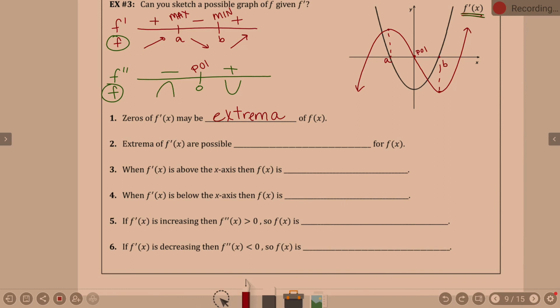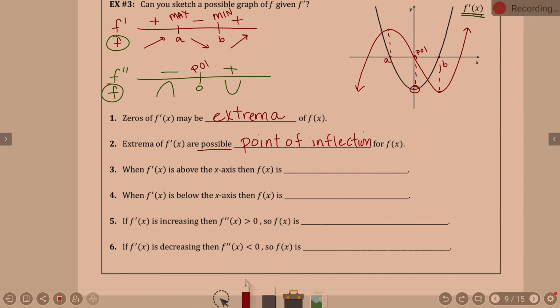So what was my extrema of the original derivative graph? It turned out to be a point of inflection. And notice it's a possible point of inflection. You're not guaranteed that every time, right? All depends on what's going around it.